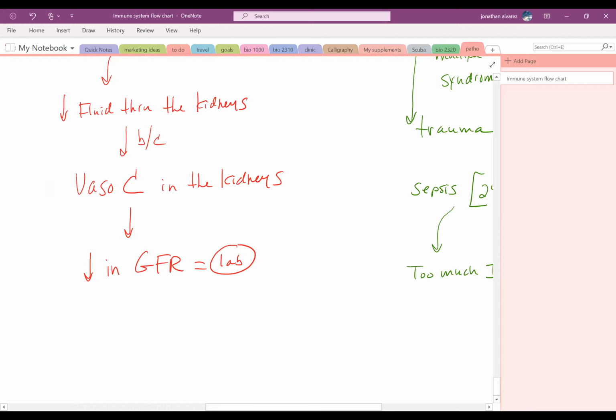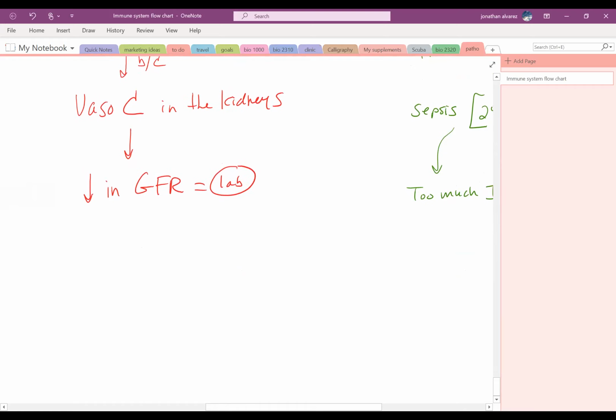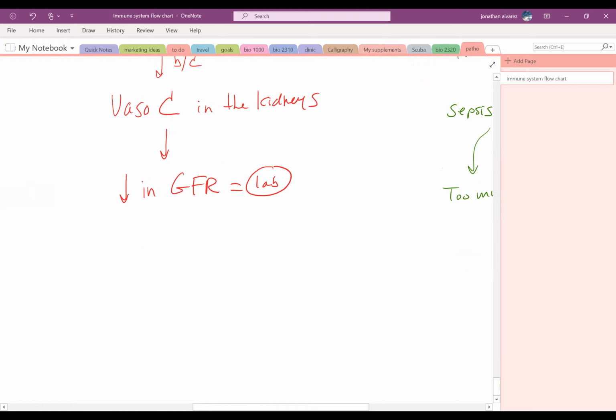The pump has to push the fluid through the kidneys in order for this to take place. So if you get vasoconstriction, then you're going to have a lot of problems, right? That'll affect blood pressure. That will affect fluid retention. Here's another one you can do a lab on, and that would be, you'll have an increase in blood urea nitrogen.